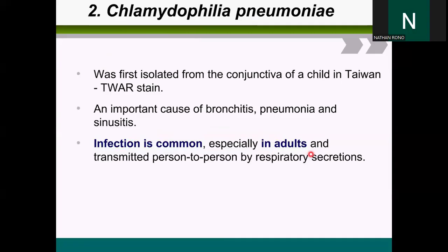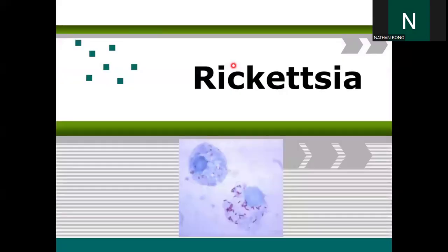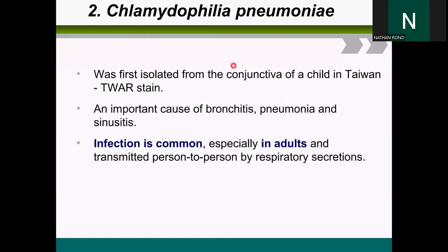Now that is Chlamydia trachomatis, we are done. We now go to Chlamydophila pneumoniae and Chlamydophila psittaci. Both pneumoniae and psittaci are a cause of pneumonia, and it is atypical pneumonia.